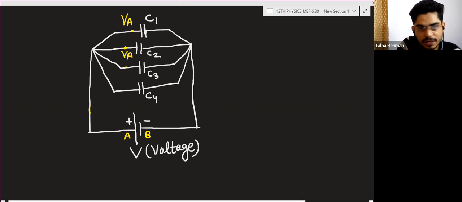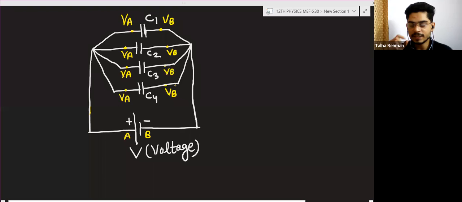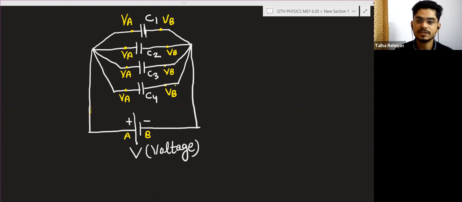In the same way, here is also VA. And if you are moving in this direction, there is no capacitor or resistor. Here the potential is VB. Here also the potential will be VB. Here also the potential will only drop when in the path there will be either resistance or capacitance or bulb.